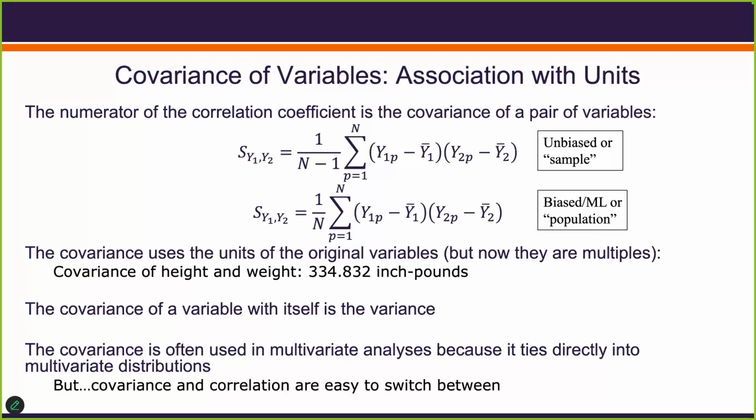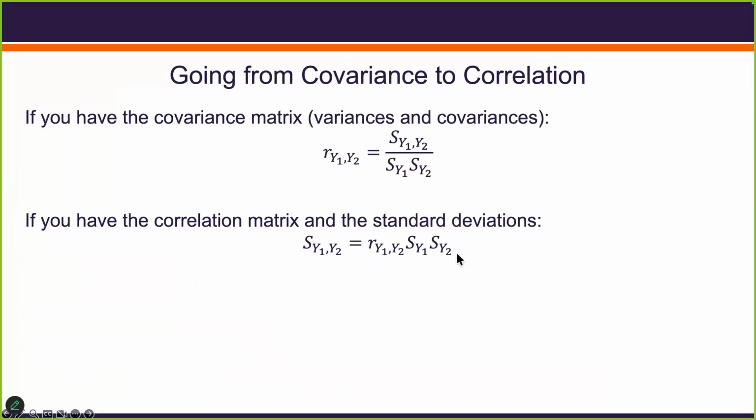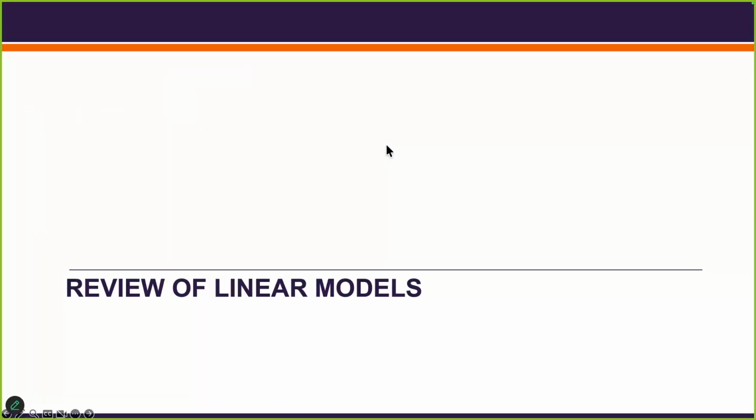But if you don't know how to interpret correlation, I also don't know how to interpret covariance, because an inch-pound does not make any sense. Unless you're selling trucks, I guess. All right, this is how you switch between the two. Literally just a little bit of math. So correlation is covariance divided by the product of those two standard deviations.